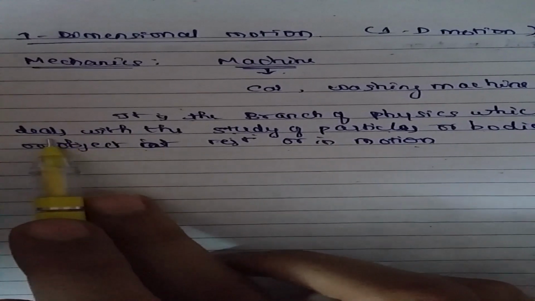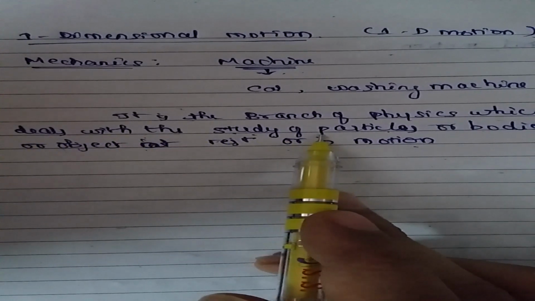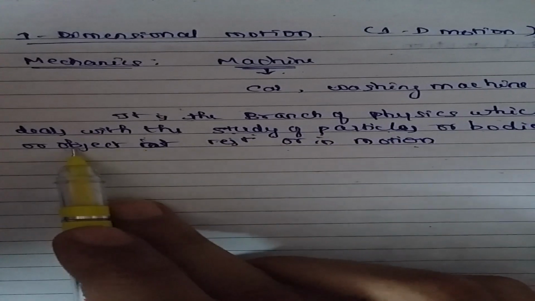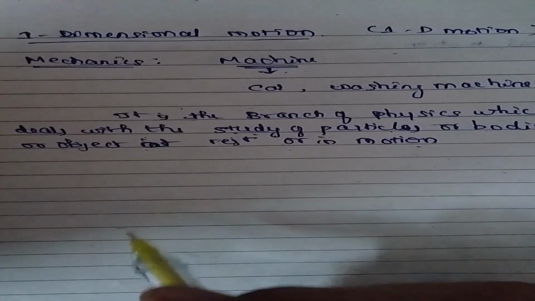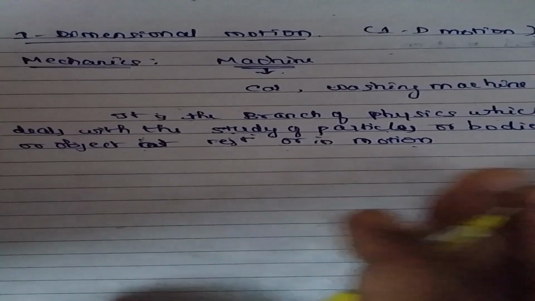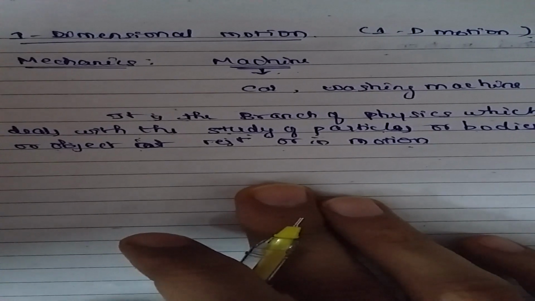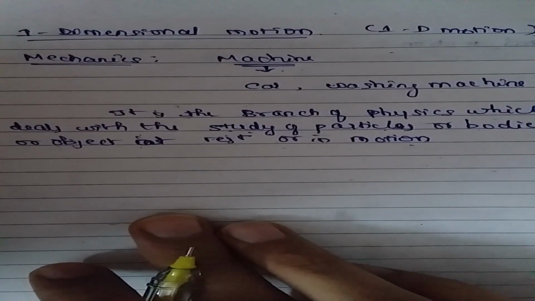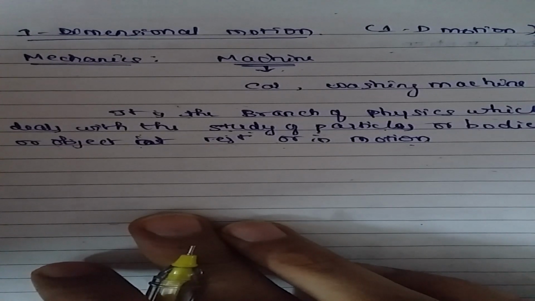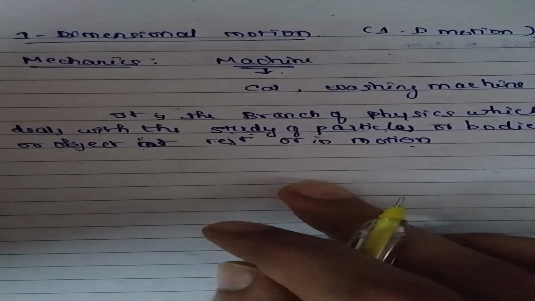If we consider this definition, we need to define what are particles, bodies and objects, because when we go to a science subject, we need to know the definition and meaning of each and every concept.